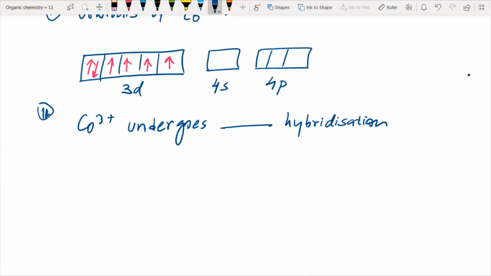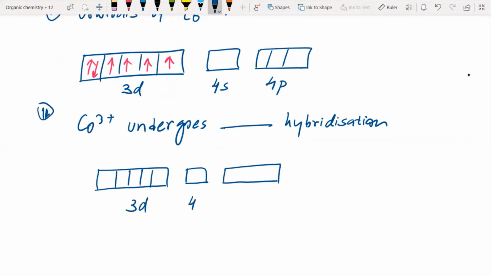Again, we'll do the orbital diagram here. So this is 3d, 4s here, and 4p.